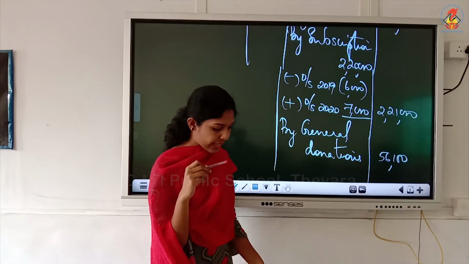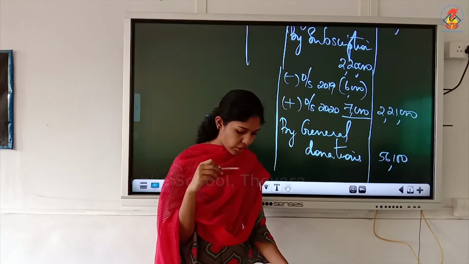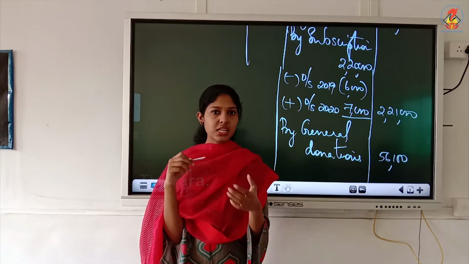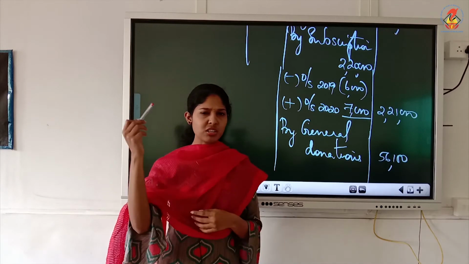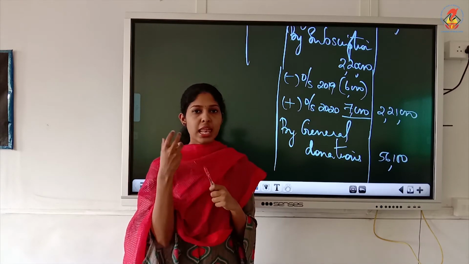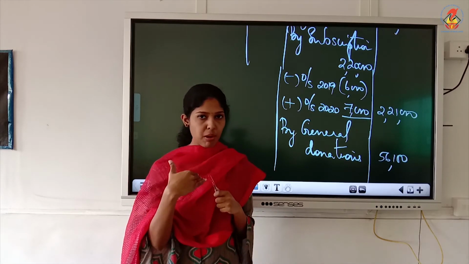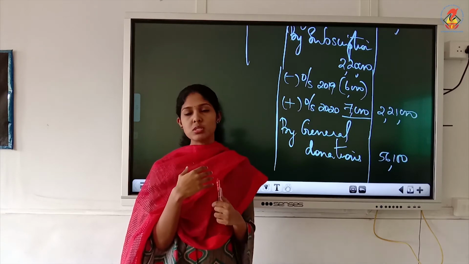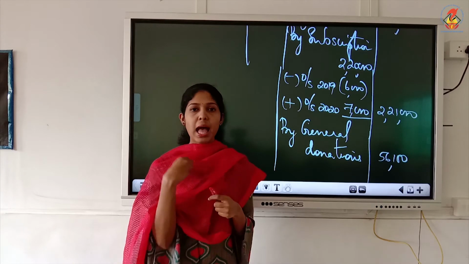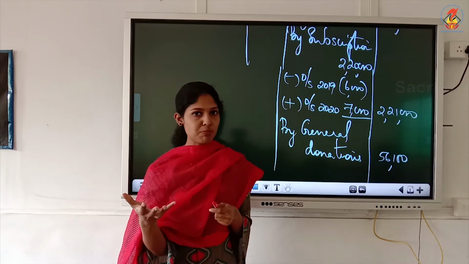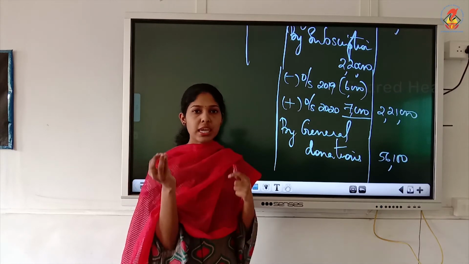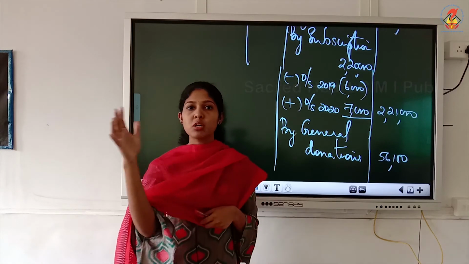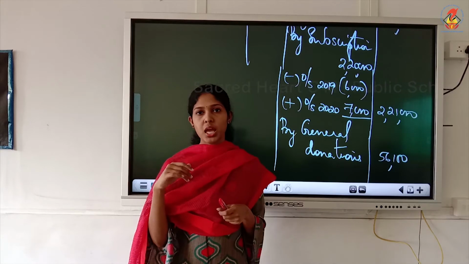Next one is legacy donation. Okay, see, legacy means that we discussed in a previous video, I think in the first video or second video. Legacy means it is the amount received by us. By us means we are NPOs. So by an NPO, as per the will of a deceased person who died, in his will he would have mentioned like this particular amount must be given to this particular organization.